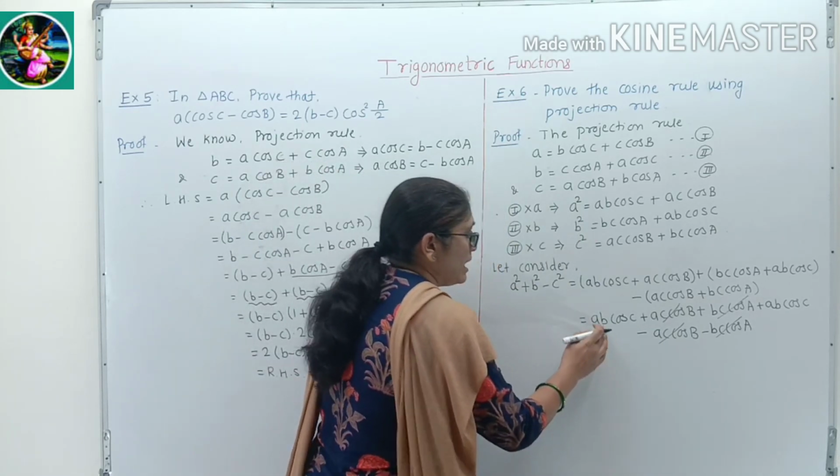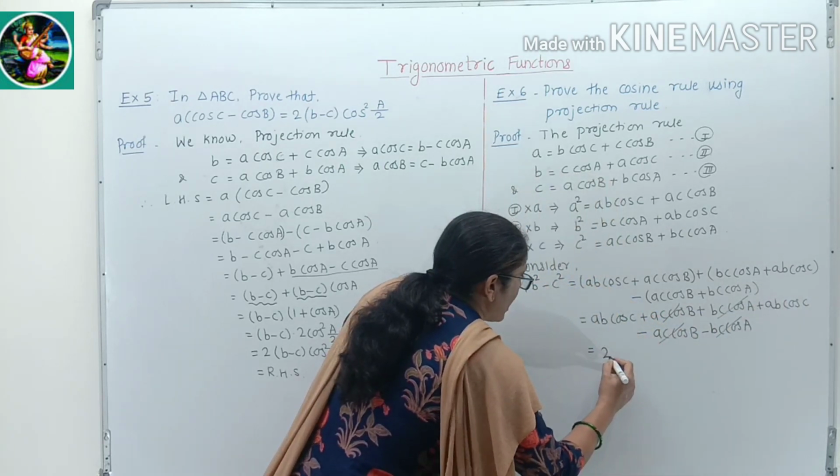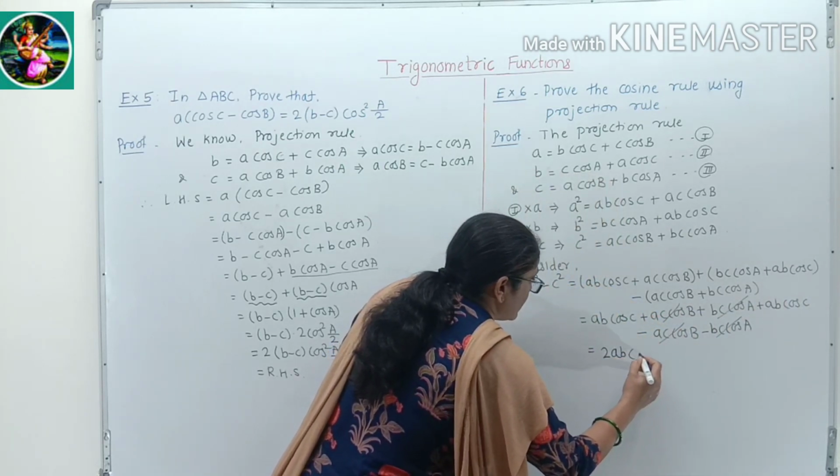Here remaining only ab cos C plus ab cos C, that is 2ab cos C.